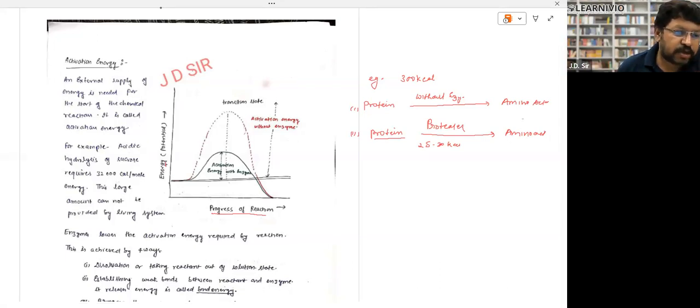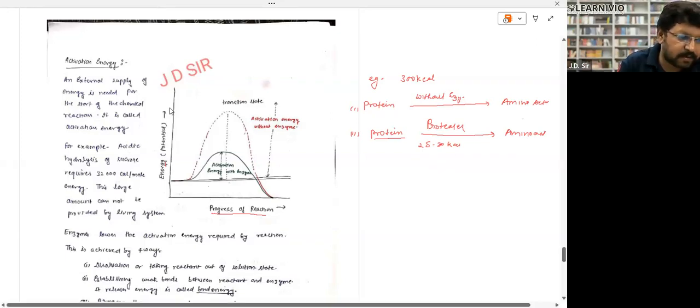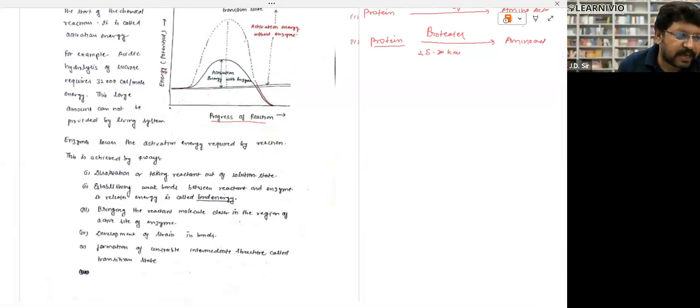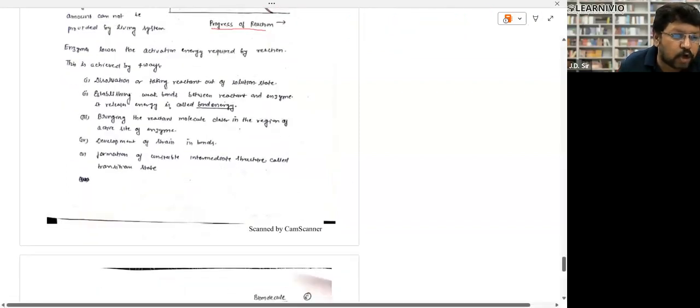So what is the activation energy? An external supply of energy needed for the start of a chemical reaction is called activation energy. For example, acidic hydrolysis of sucrose requires 32,000 calories per mole of energy. This is a large amount of energy that cannot be provided by a living system. Enzyme lowers the activation energy required by the reaction.